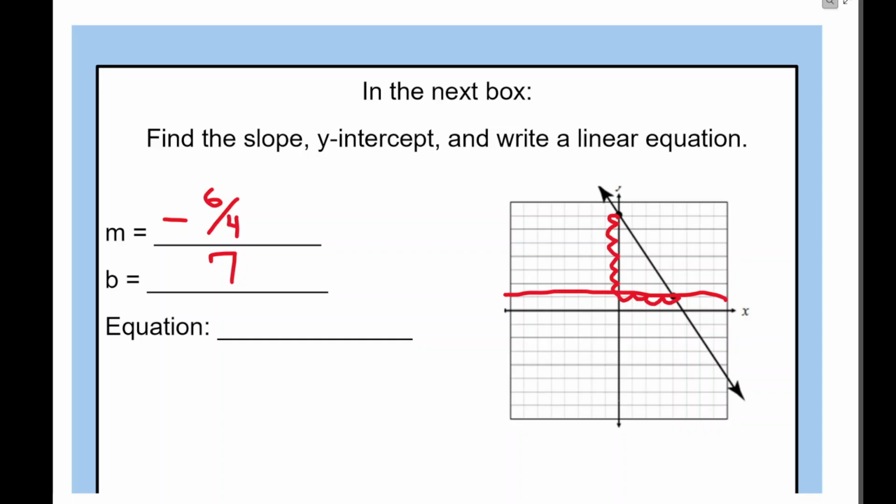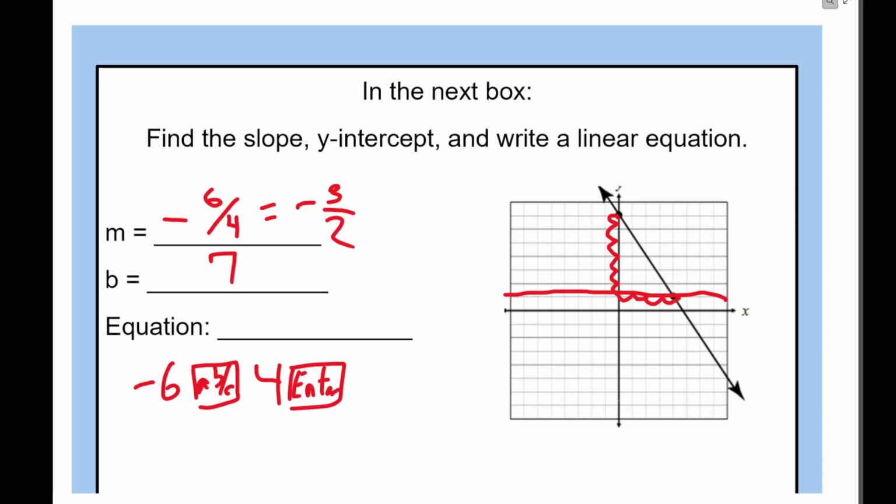Can you simplify that? If you go to your calculator, you absolutely can. Negative 6 over 4 would become negative 3 over 2 by dividing both your numerator and denominator by 2. In this case, you would put this in the calculator as negative 6, then hit the A B/C button, 4, and then enter, and it'll give you a mixed number.